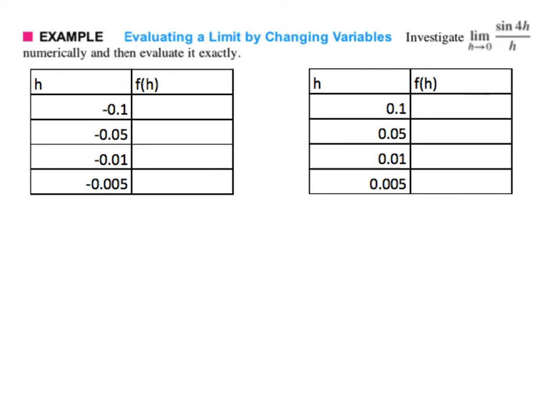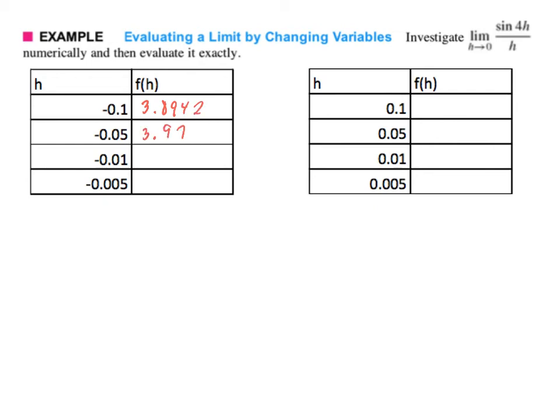What if we have sine 4h over h as h approaches 0? What do you think might happen? Jot down before I start talking, jot down an answer that you think might come out. What do you predict? So we're going to use the table of values. If I put this into the graphing calculator and manipulate my table of values so that I can get these exact outputs, I'll put them in here so we don't have to waste any time, but that's where these are coming from.